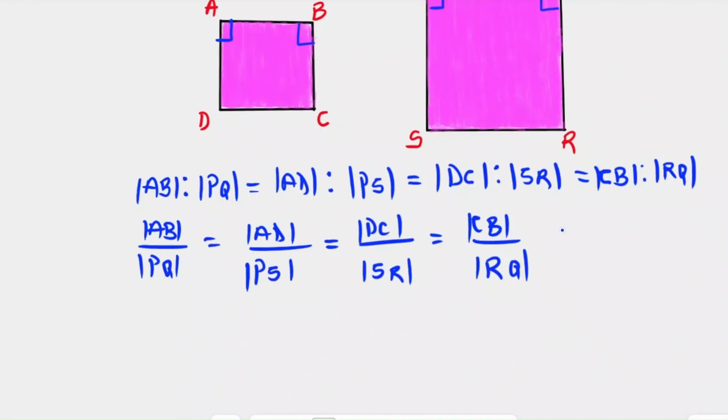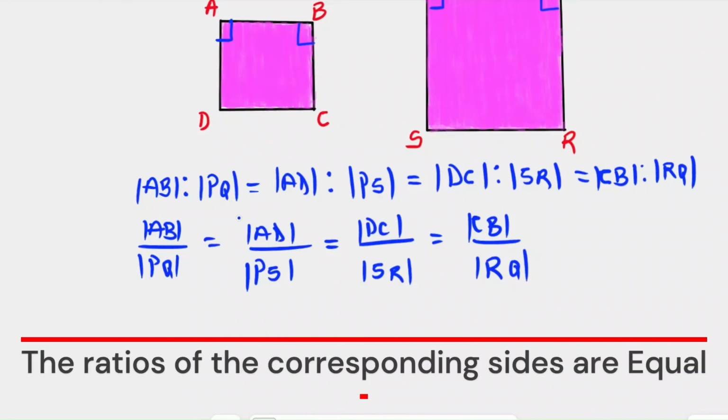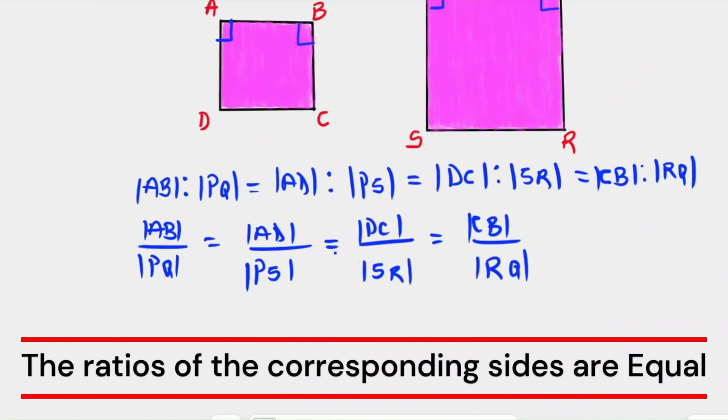We can make this from these two shapes here. So what you should know is that when shapes are similar, the ratio of their corresponding sides are equal. We can use this idea to solve some questions.